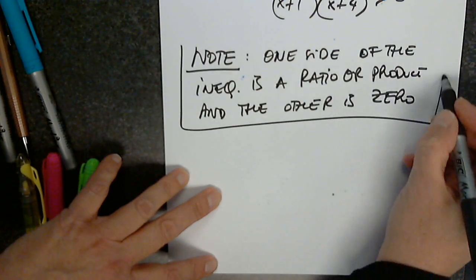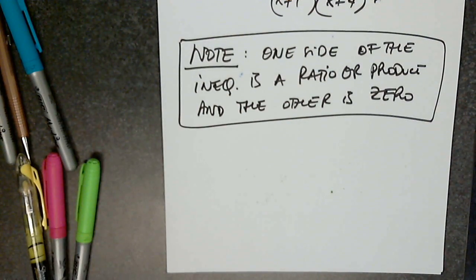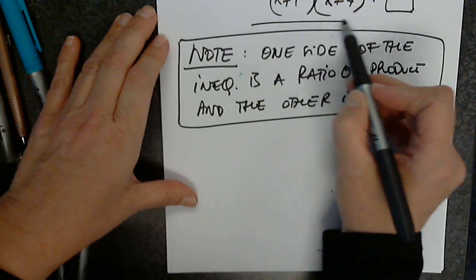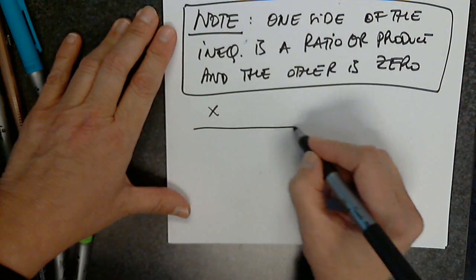I already have that situation here. One side is 0, and the other side is a product. Therefore, I can use the following chart.